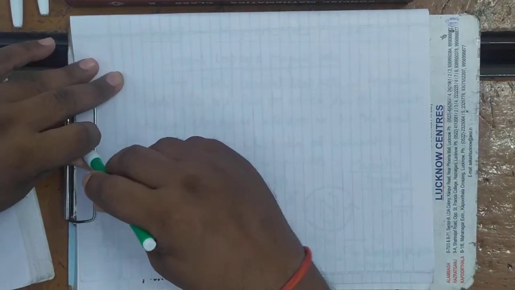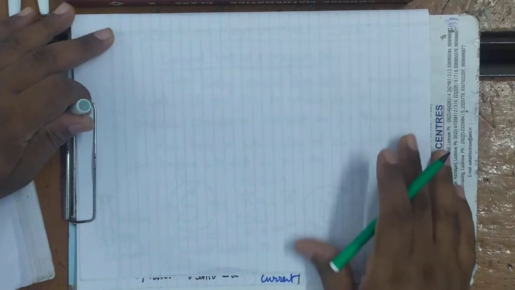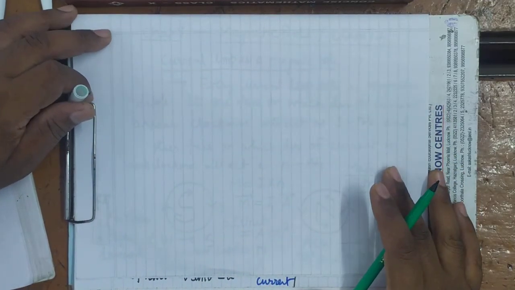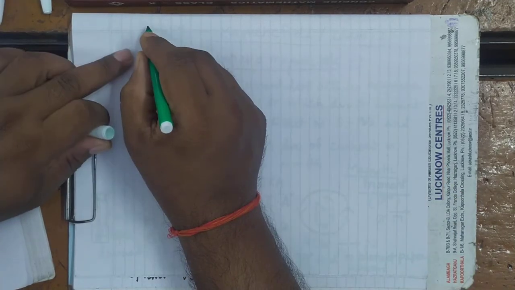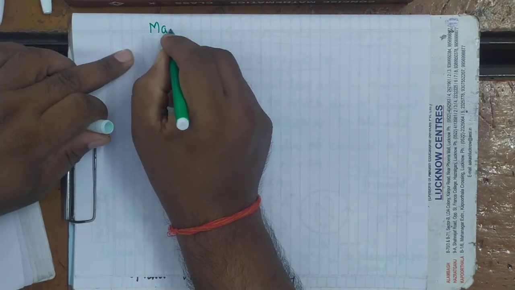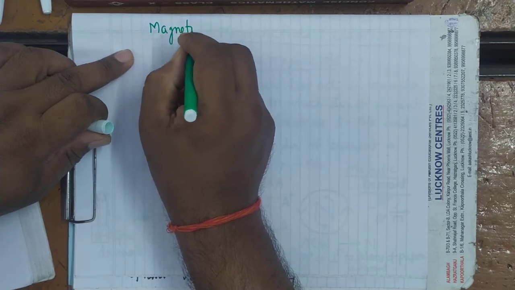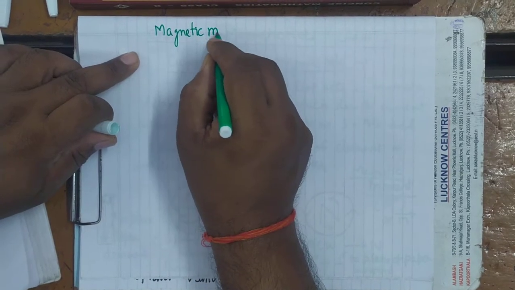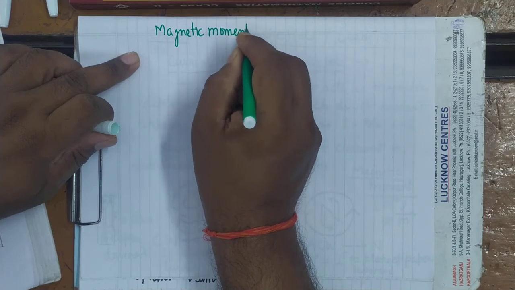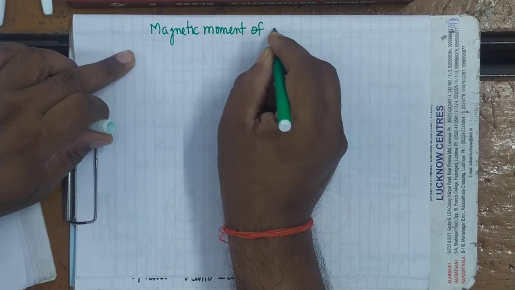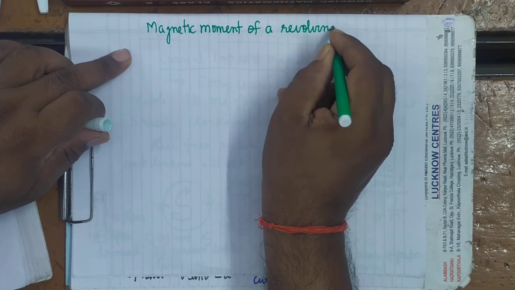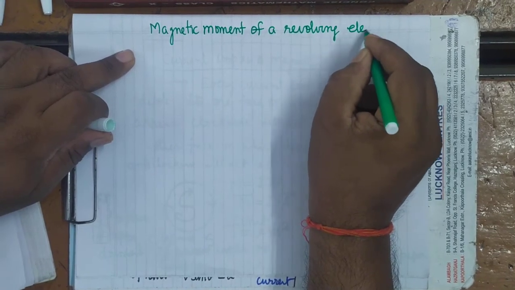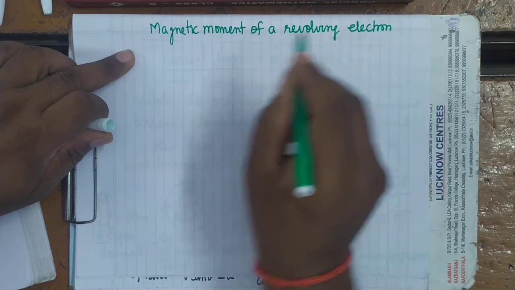As we know, when an electron moves around the nucleus, here we are determining the magnetic moment of a revolving electron in the hydrogen atom.